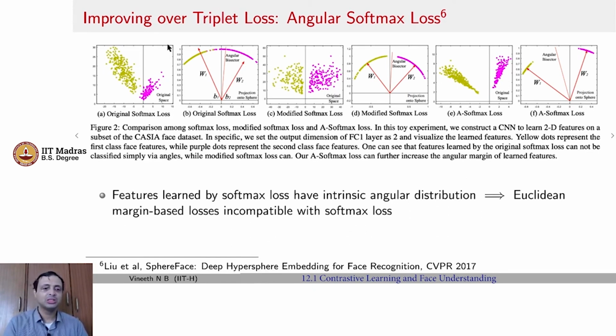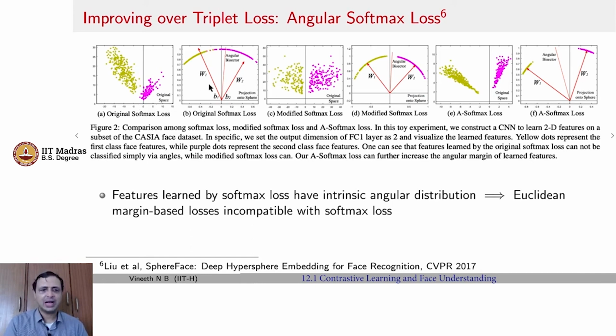So if you had an original softmax loss and you considered the embeddings of the neural network before applying the softmax loss, whatever embedding you had from the penultimate layer before applying the softmax activation function and the cross entropy loss after that, you may have an embedding something like this, where all these points with yellow in color belong to one class, all these points that are pink in color or purple in color belong to the other class.